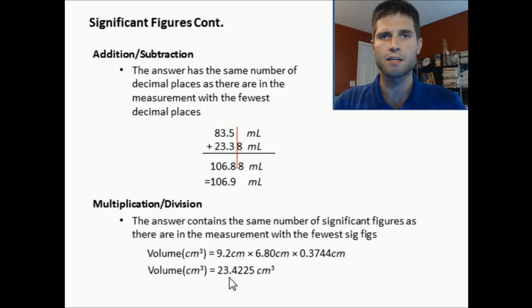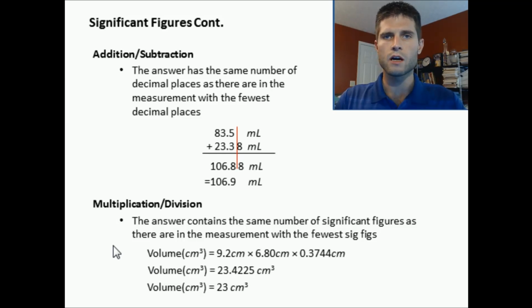But this is not the correct answer. We can only keep two significant figures. So this 2 and this 3, we can keep. These digits are significant. So now we have to get rid of these. So we're going to use traditional rounding rules. This number is less than 5, so we're not going to do anything to this 3. We're going to end up with 23 cubic centimeters.